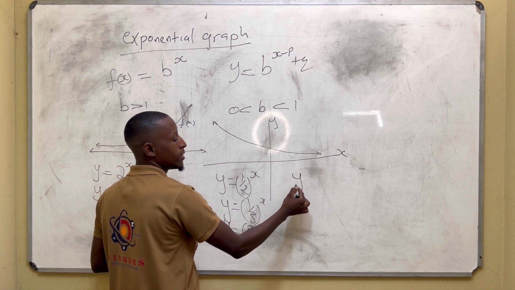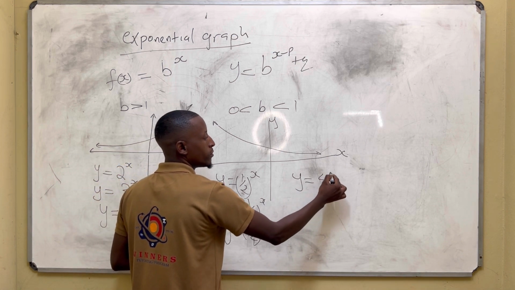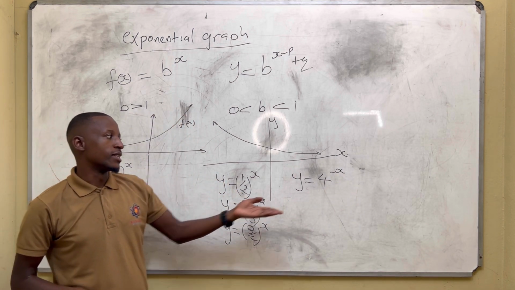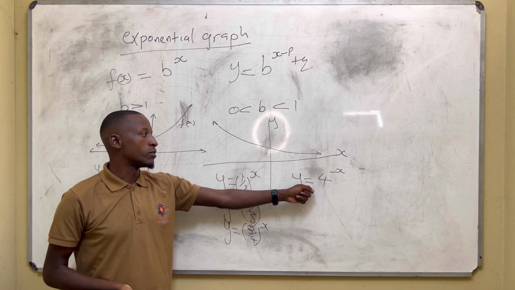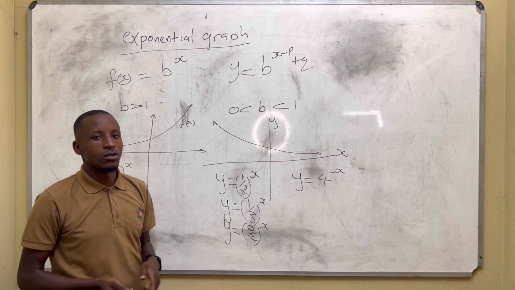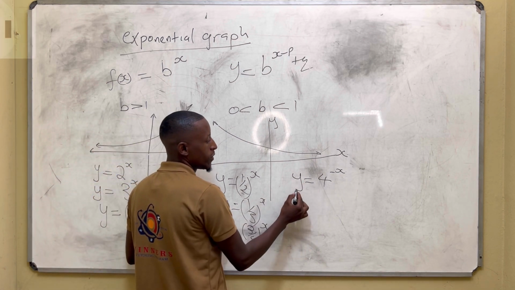Another one is, maybe, 4 to the exponent negative x. So sometimes I can give it in this way, and you need to be able to apply your maths to see that your value of b is between 0 and 1. Let's simplify and have a look.